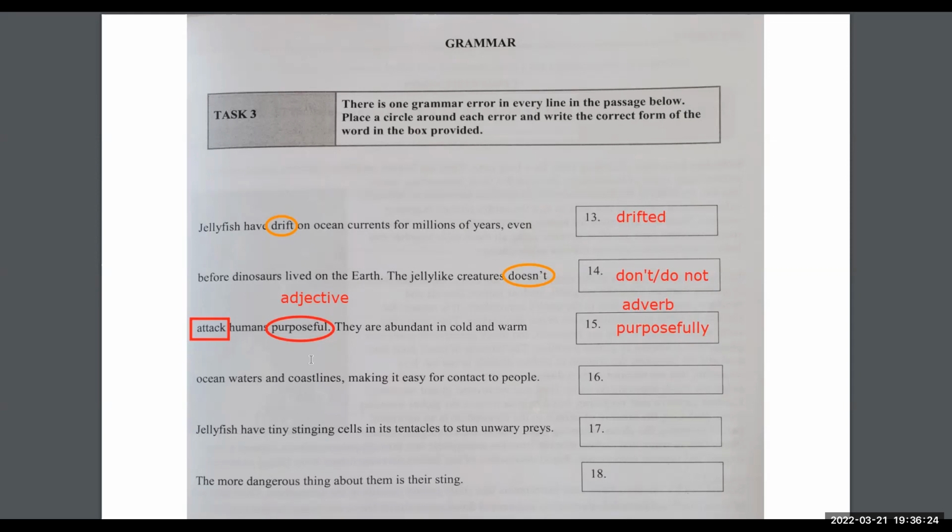I'm not really sure what's happening with making it easy for contact to people. Does that make sense between making it easy for contact to people? So you don't make contact to something, right? With.